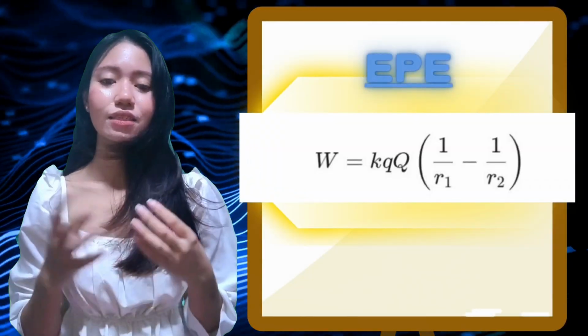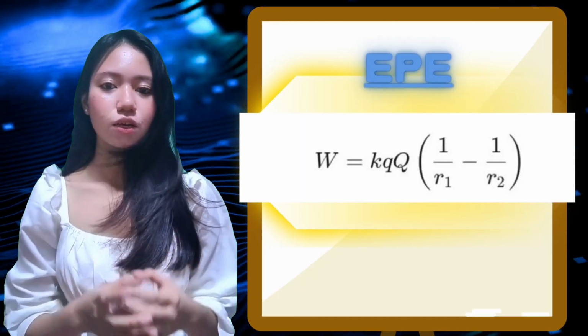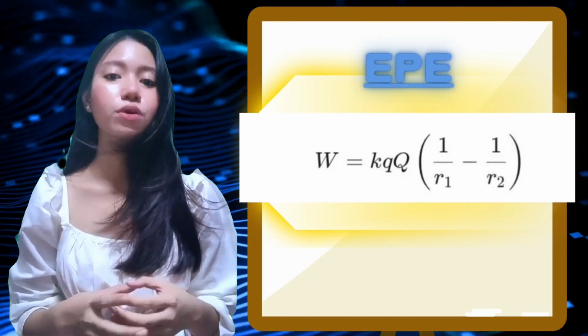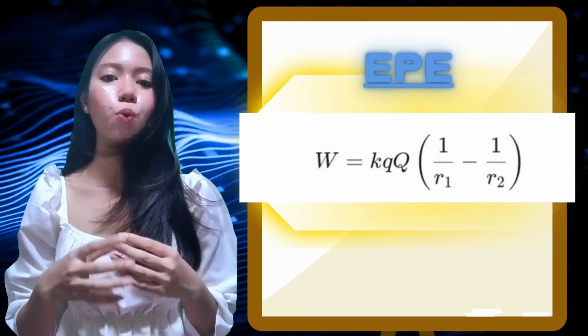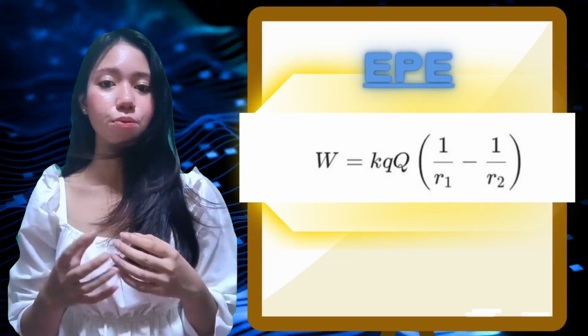When we solve this integral, we find that the work done by the field simplifies to work equals kQq times the quantity of 1 over r sub 1 minus 1 over r sub 2.